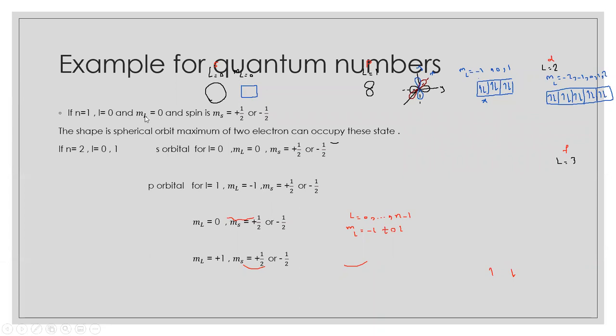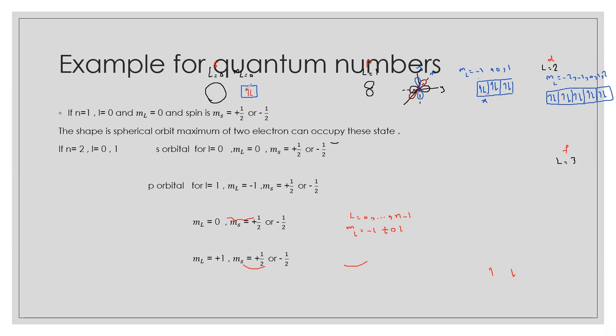And ml is 0. Again, ml is -l to l, so -0 to 0 is just 0. And spin is going to be +1/2 or -1/2. So it's spherical, it's l equals 0, and it could be spin up or spin down.